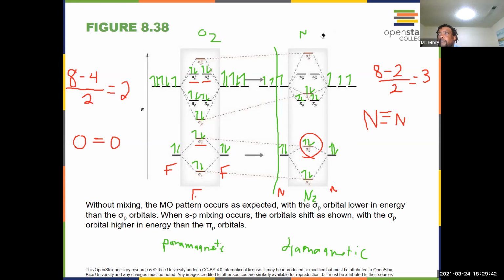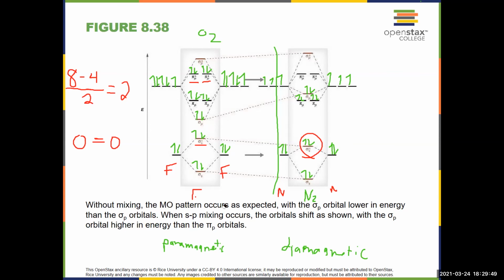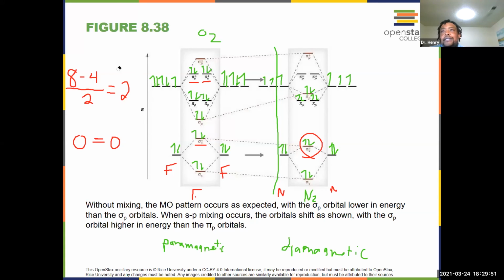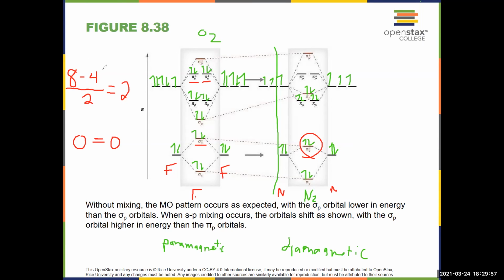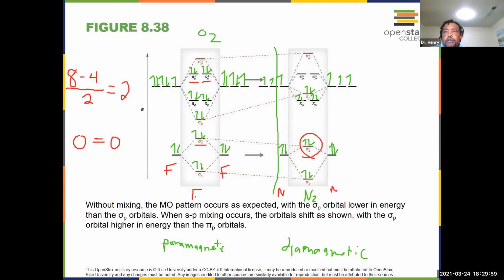Mauricio. Yes, I'm here. Did you say dia? Yes, it's diamagnetic for fluorine, correct? Because the molecule is all paired up. There's no loose electrons. So in this case, it's paired up.